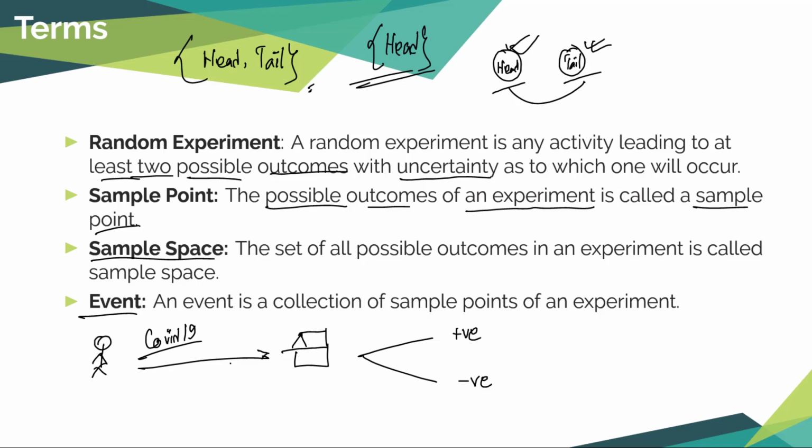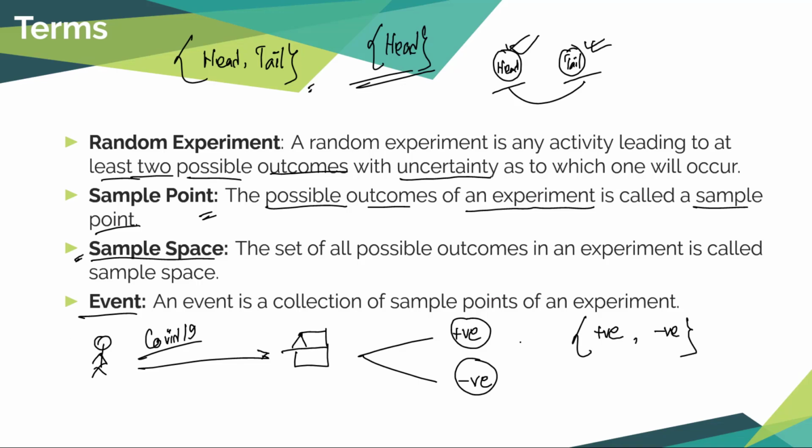So this is a random experiment, because it has at least two outcomes. Positive and negative are possible outcomes of this experiment, so both of them are called sample points. If I write down positive and negative in a set, that will be called the sample space.